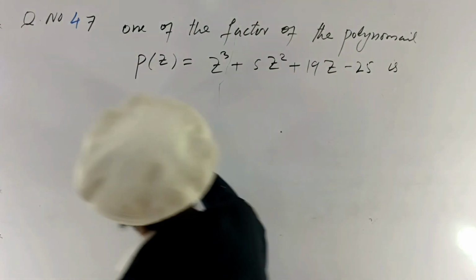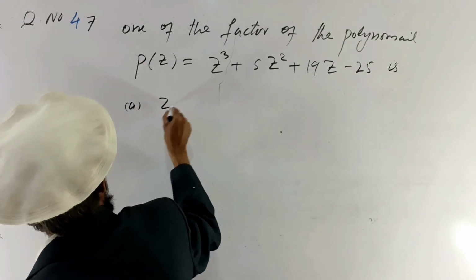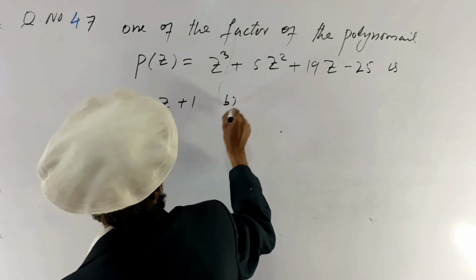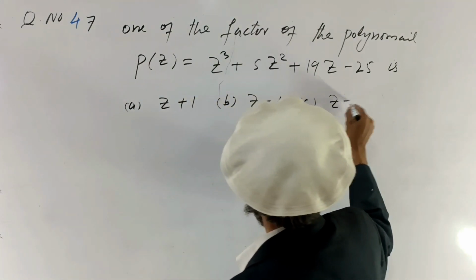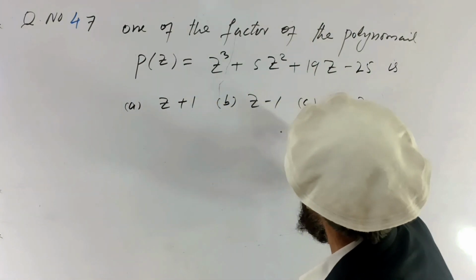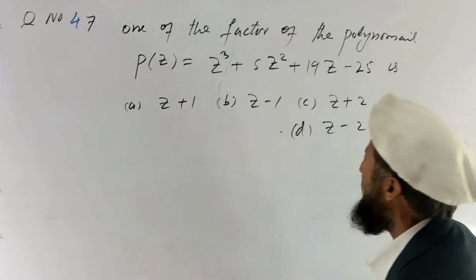What is the result? A, z plus 1; B, z minus 1; C, z plus 2; and D, z minus 2.